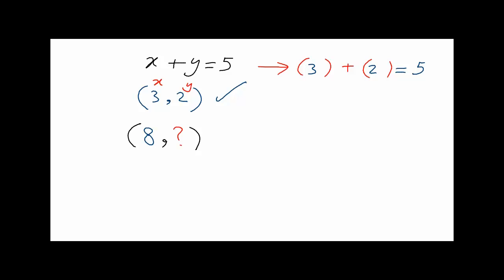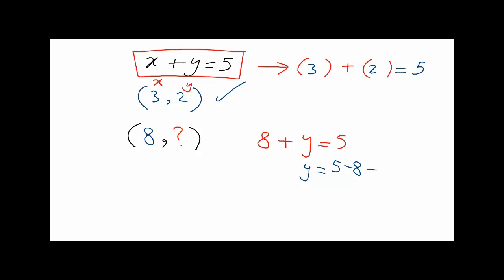Substituting in the equation, 8 plus y equals 5. So y is equal to 5 minus 8, and this will give us negative 3. So our ordered pair must be 8 and negative 3.